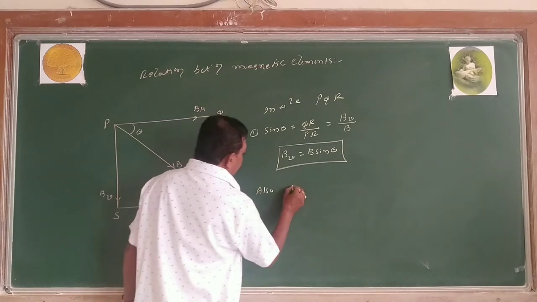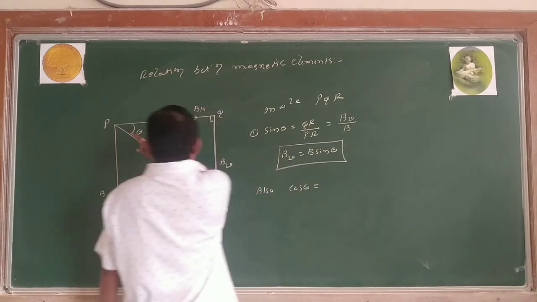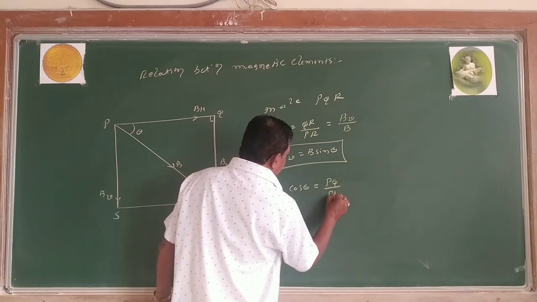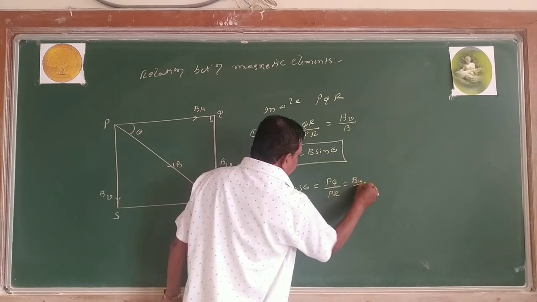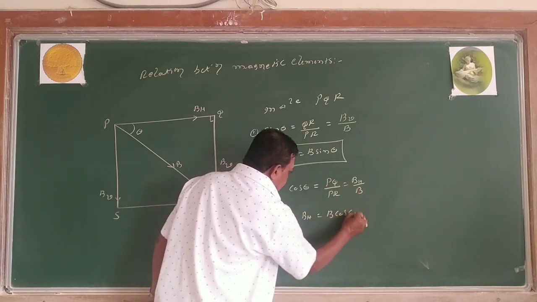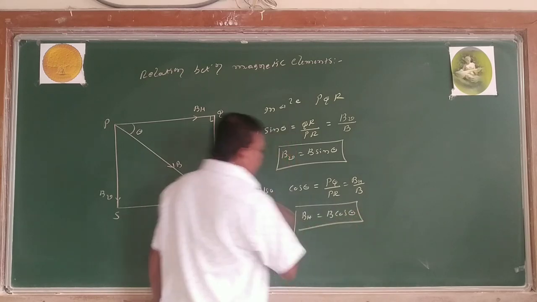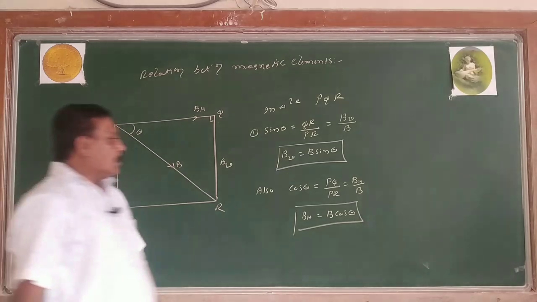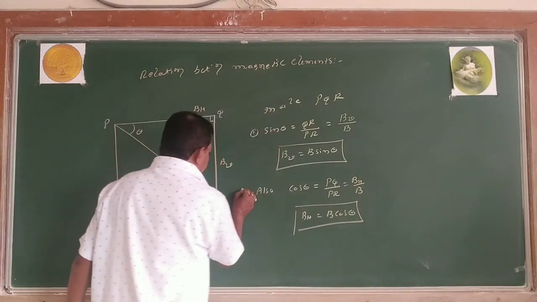Also, cos theta equals adjacent side PQ divided by hypotenuse PR, that is BH by B. BH equals B cos theta. Right? This is second. Shall I go for third?